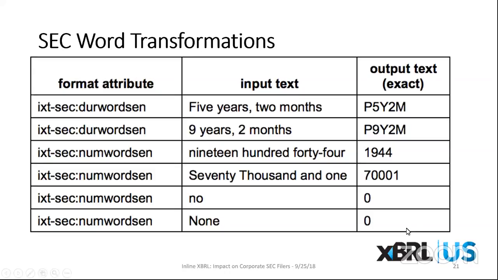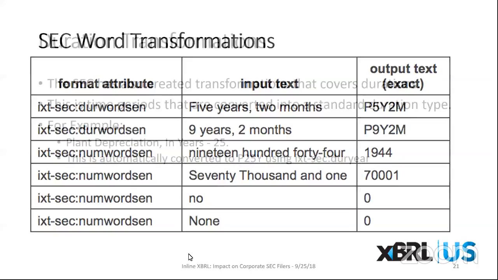We have a couple of other ones on here, like if you have the actual cardinal number, 1944, for example, the output text is 1944. We also have ones for no and none to transform those into zeros. So this is just allowing us to take human readable data and convert it under the hood into the XBRL data that the SEC is expecting.